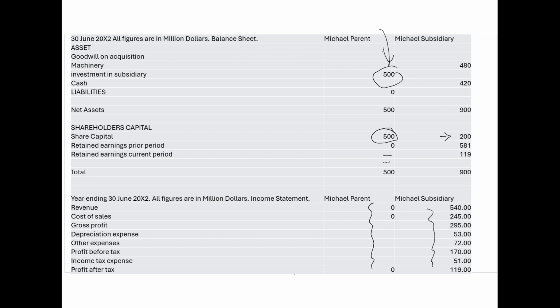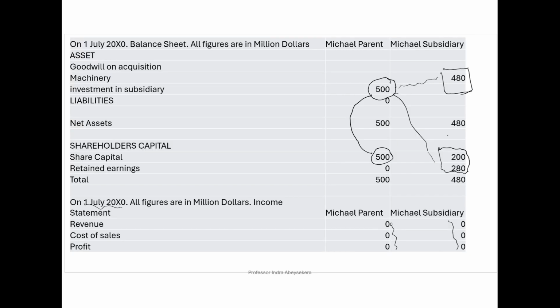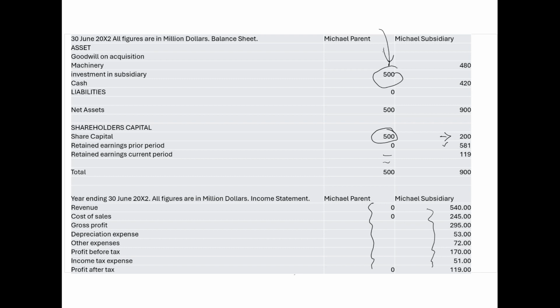The prior period earnings have also increased from 280 million that was there before, and now the prior earnings are 581 million, and then there is also current period earnings of 119 million.